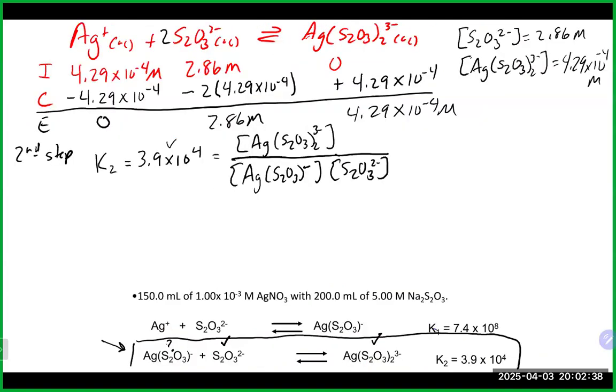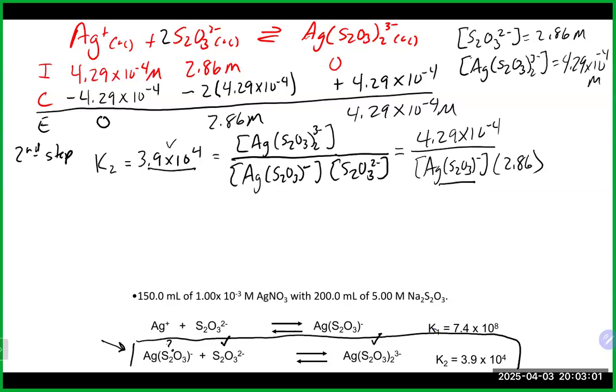We're using that one. Once again, here we have these numbers from the table above, 4.29 times 10 to the minus 4, divided by this guy's concentration here, which is what we're looking for. And this guy here would be 2.86. Once again, our K value and this guy are basically just going to switch places as you multiply that guy to the other side and divide by the K value.